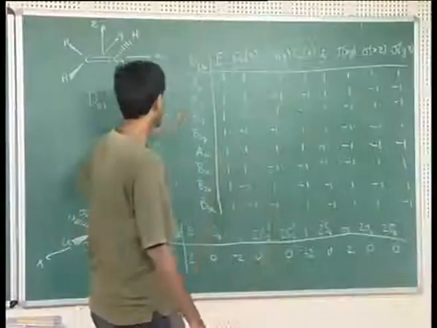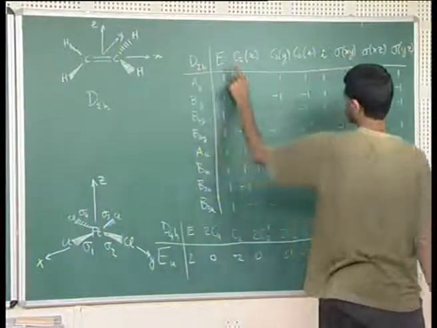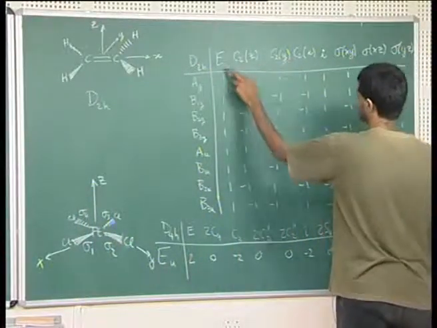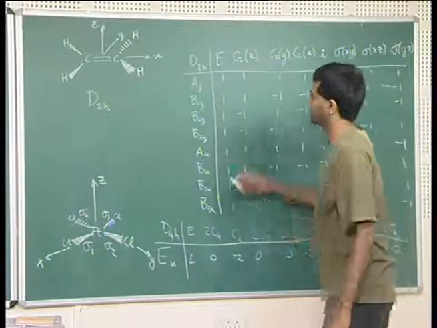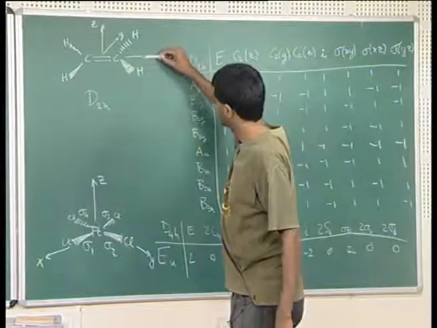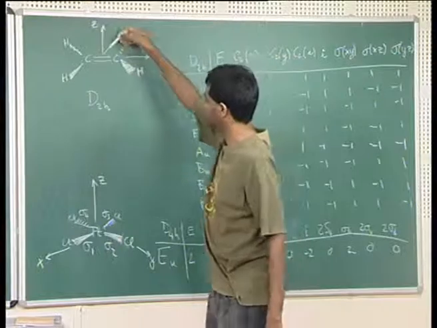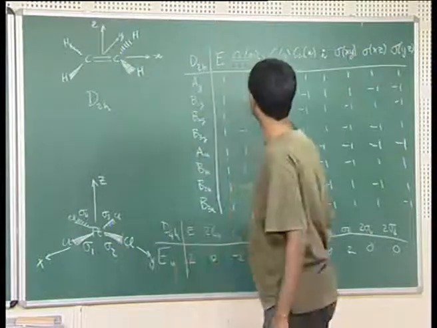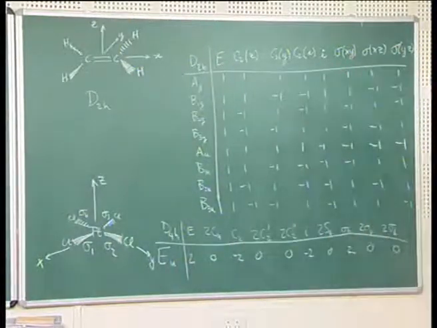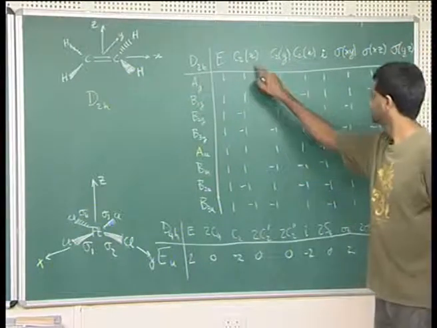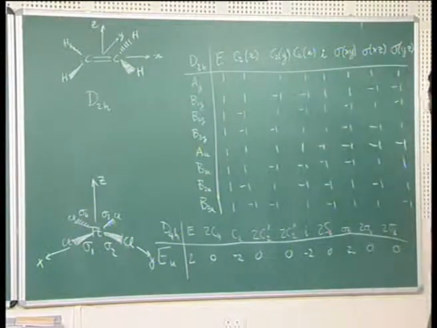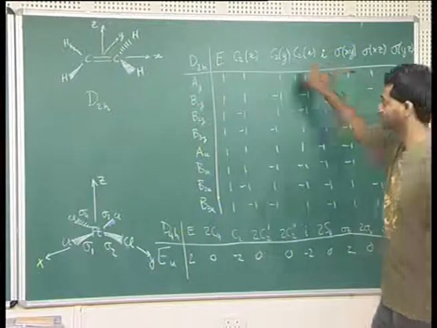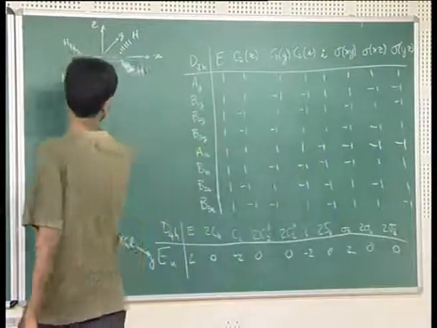Okay, D2H has 8 operations. They are E. There is a C2 axis, so x axis is a C2 axis, as is the y axis and the z axis. So there are 3 C2 axes. Okay, this is C2z, y, and x, and then there is a center of inversion. So you can take this and you can invert it about.